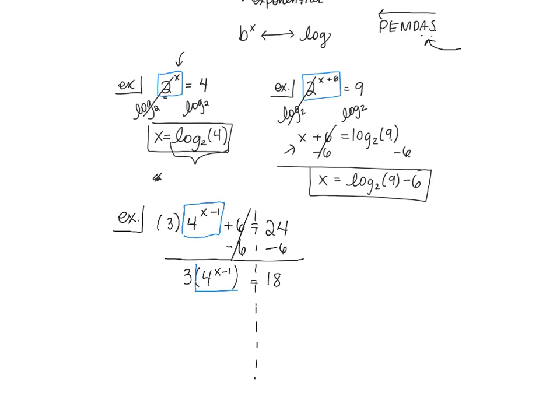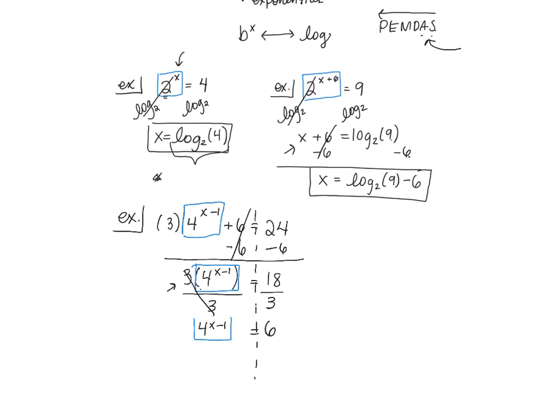Still thinking about where my exponential function is. It is not alone. I got to get rid of that 3. Since there's no sign in between the 3 and my exponential piece, I know that means multiplication, and I'm going to undo multiplication with division. So on my left side, I'm left with 4 to the x minus 1 power is equal to 18 divided by 3 gives me 6.